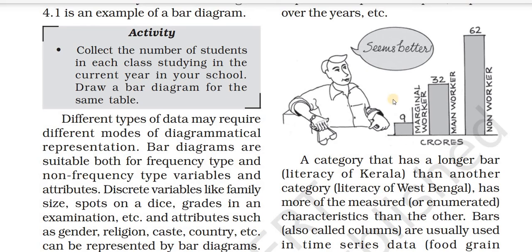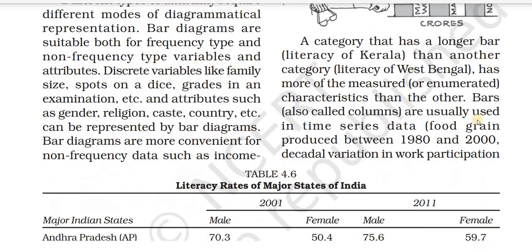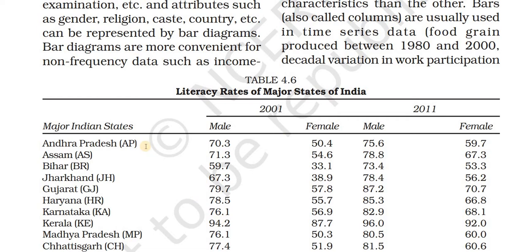Like that, here also you can see a diagram. These bar diagrams, with values like 9, 32, 62, we call bar diagrams. Here you can see the names of different Indian states: Andhra Pradesh, Assam, Jharkhand, Gujarat, Haryana, like that, with their male and female literacy rates.